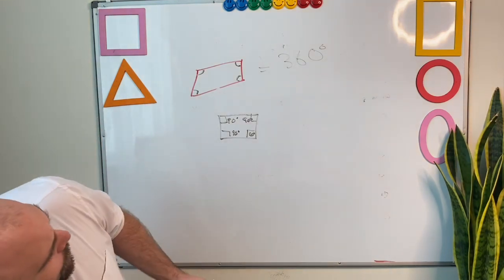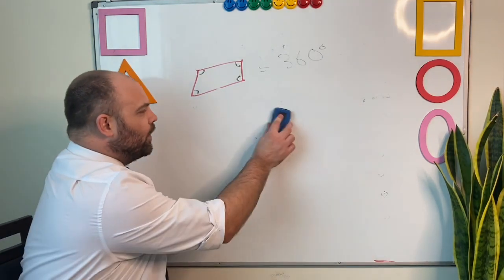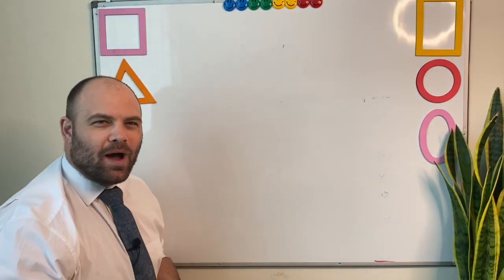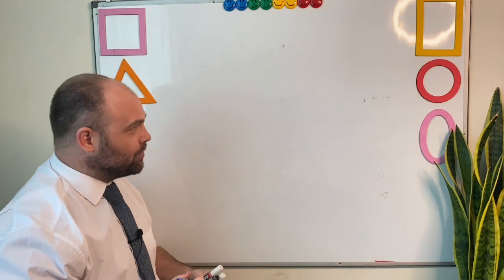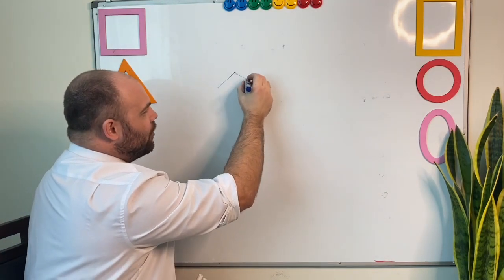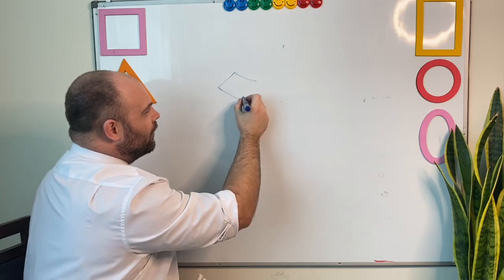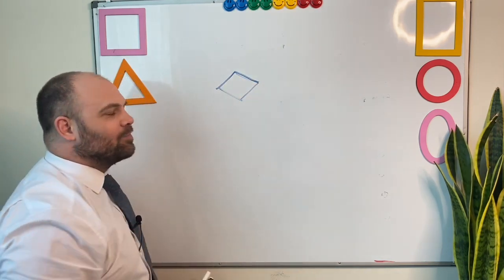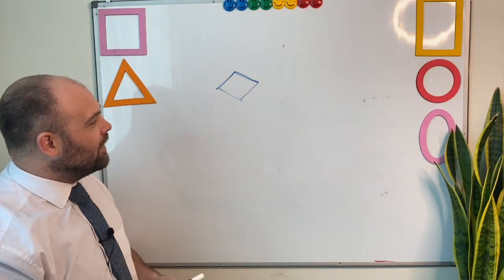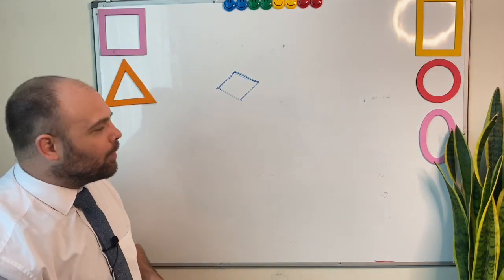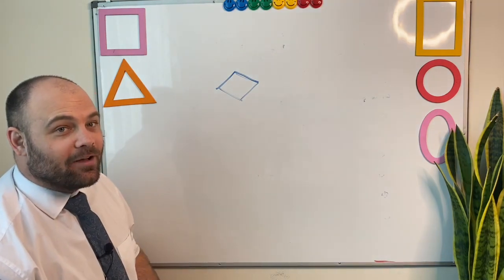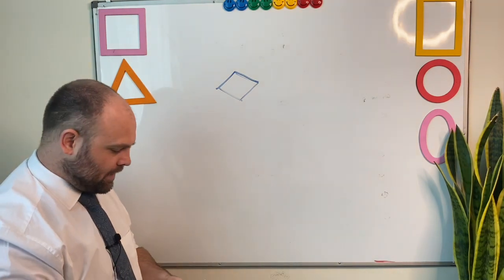But it gets a little bit more tricky when we move to a shape like a rhombus, and this is why we need to learn these properties. If I have a rhombus, I know that my angles are going to be different, but the length of my sides are all going to be the same. And the one thing I know about a rhombus is that opposite angles are equal.